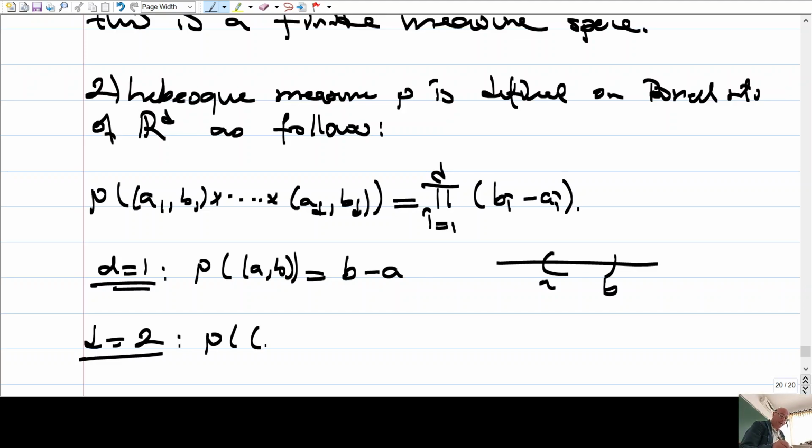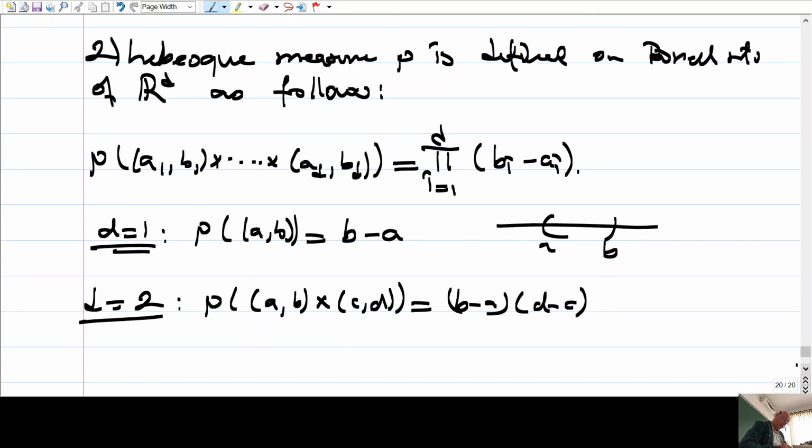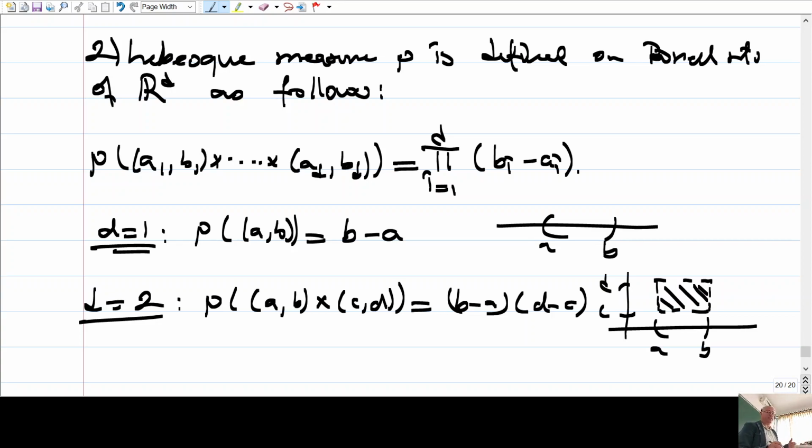But if you have a rectangular box in R2, then its measure is the area. So this is B minus A times D minus C. Let's say AB, CD. So we have a box like this, and it's the area of this box.